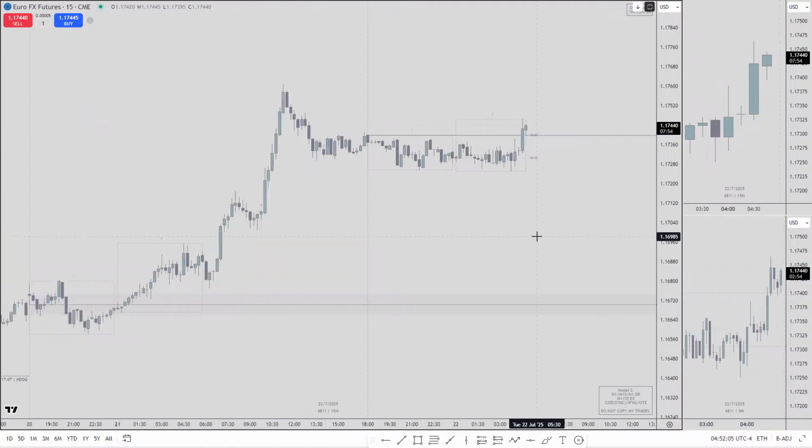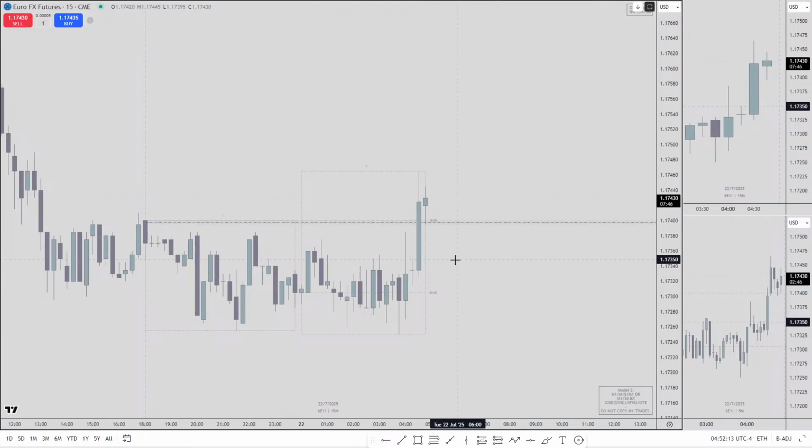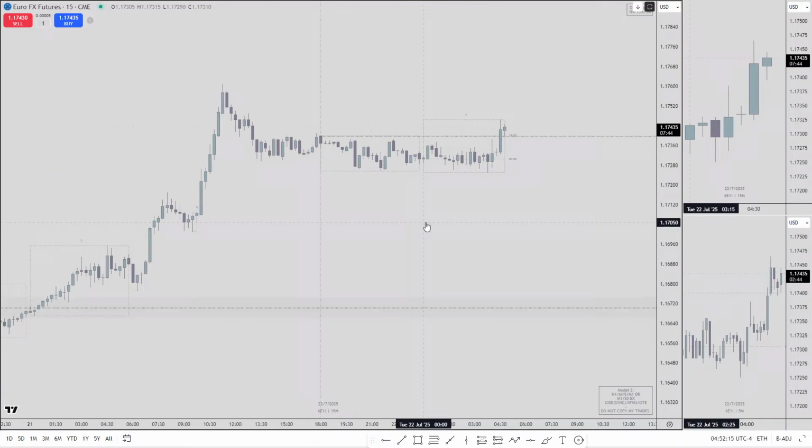Yeah, we're still really far away from the 50% on the 4 hours, which is not good because it might mean that I might miss this move towards the previous week's high. Oh well, we'll see what we can do about this.